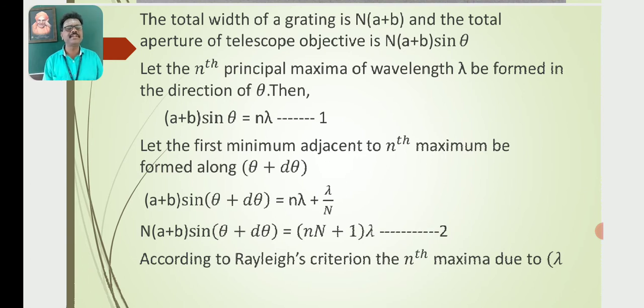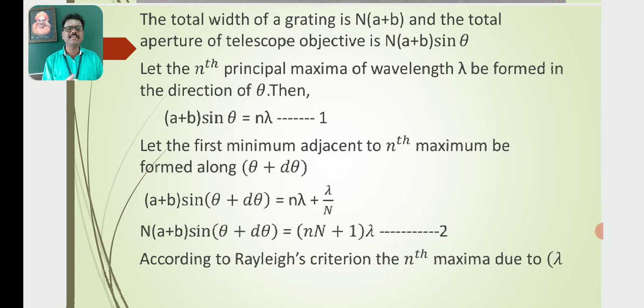What we know is that in the case of diffraction, d sin theta, here d can be replaced by n into a plus b, where d is the width of the single slit. Here the grating consists of n number of slits, so n into a plus b sin theta gives the total aperture of the telescope objective.